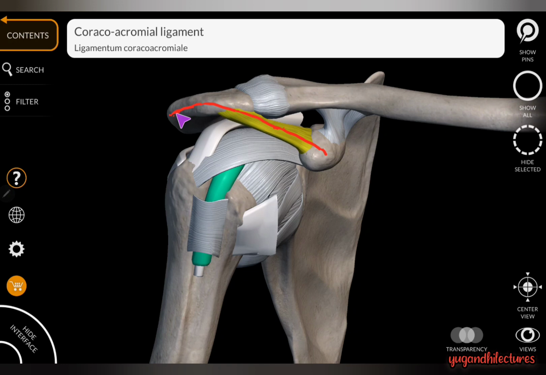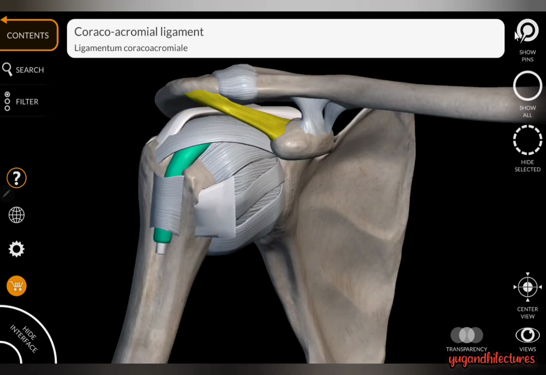This coracoid process, acromion process, this is the coracoacromial ligament and this is the coracoid process. These three together form the coracoacromial arch. They in turn stabilize the shoulder joint. So now I am going to remove the coracoacromial ligament.